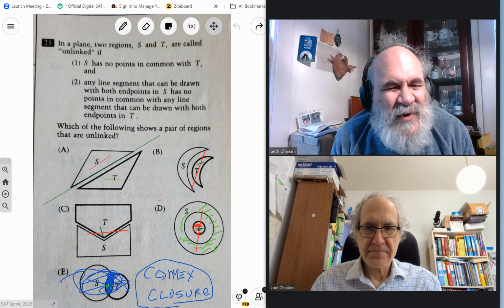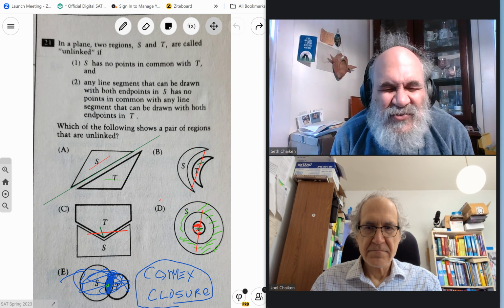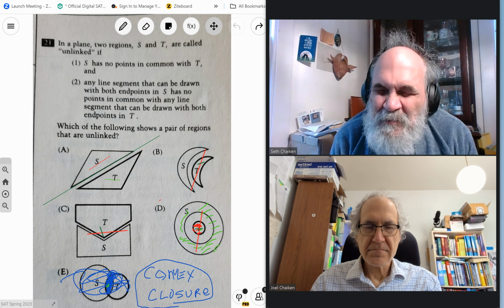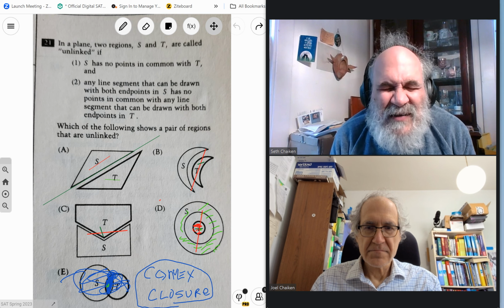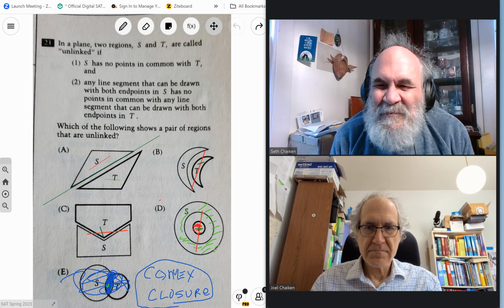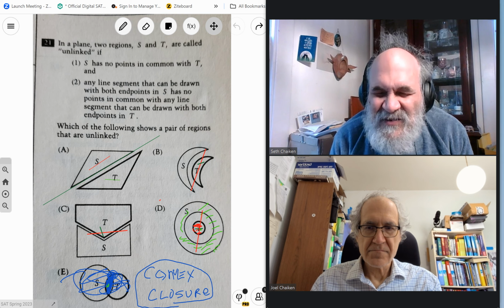we have the case of E where the two sets are not disjoint, which is ruled out, or the case where one of the sets is not convex. Therefore, there's a line segment that starts in the set, goes out of the set, and then comes back into the set.